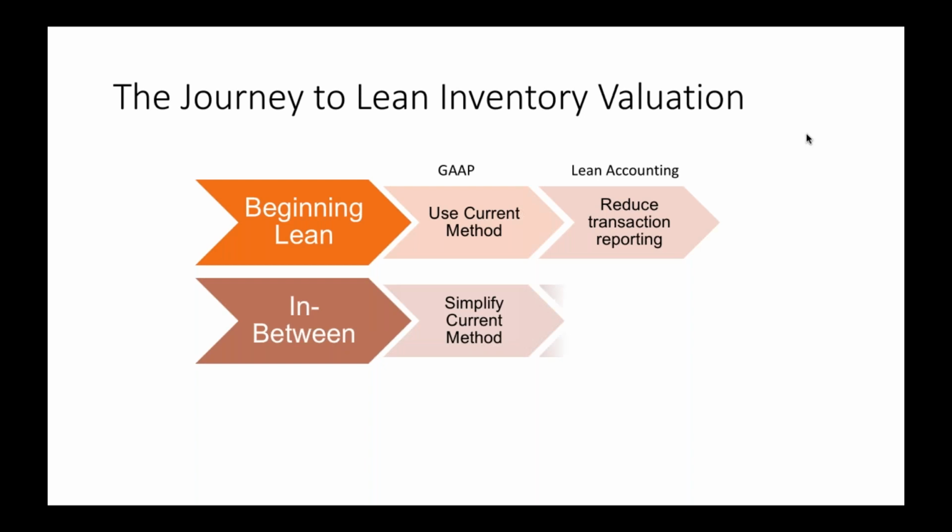As your journey continues, stick with your current method, but try to keep simplifying. In my experience as a CFO, we actually dramatically reduced our labor and overhead rates even before we became a lean company.